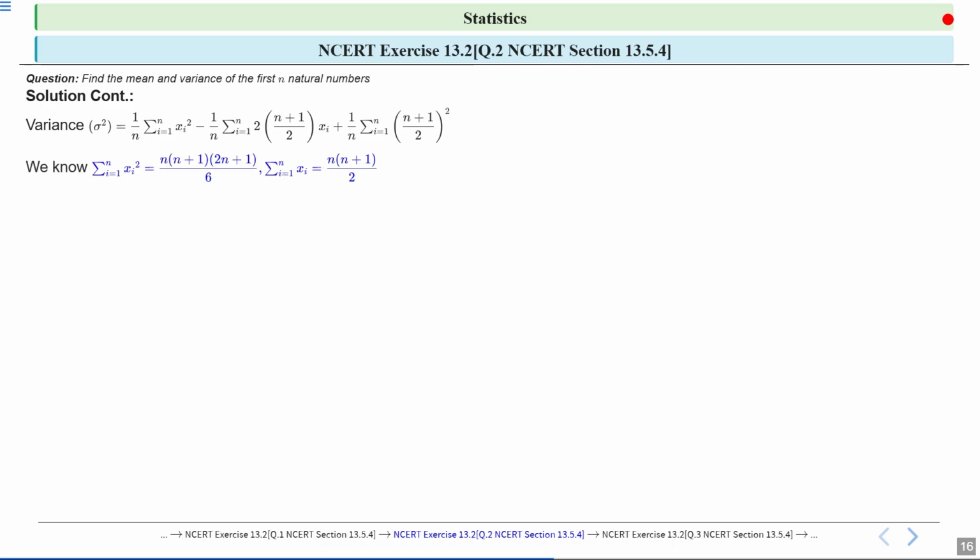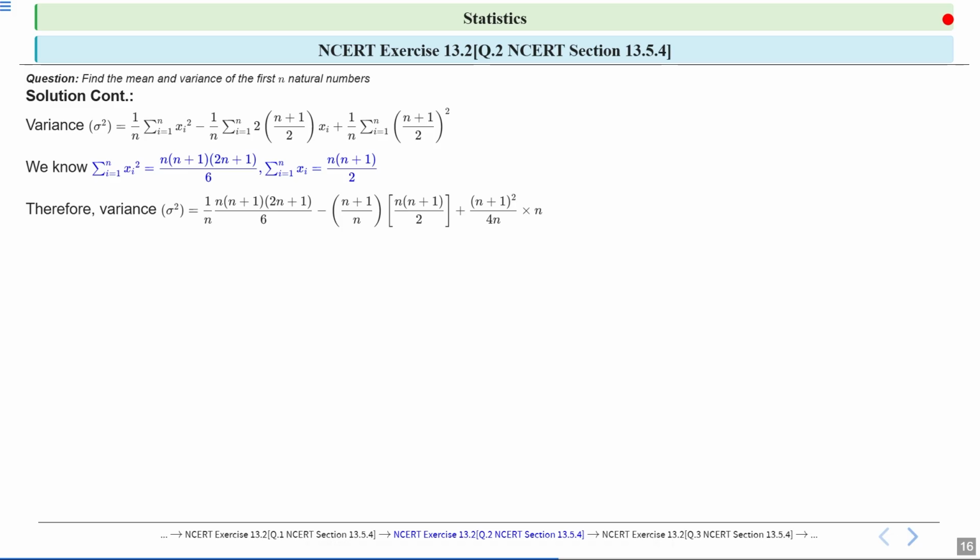And we know the summation of xi square equals n times (n plus 1) times (2n plus 1) divided by 6, where the summation of xi is n times (n plus 1) divided by 2. Therefore, variance sigma square equals 1 divided by n times n times (n plus 1) times (2n plus 1) divided by 6, minus (n plus 1) divided by n times n times (n plus 1) divided by 2, plus (n plus 1) whole square divided by 4 times n times n.